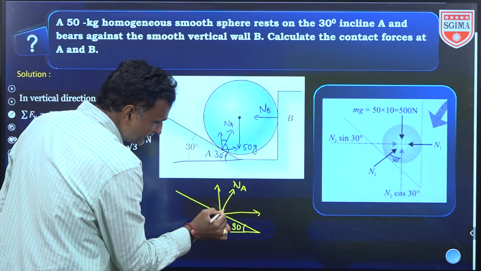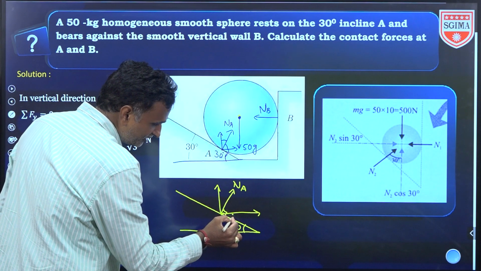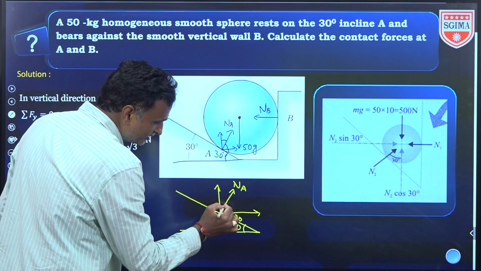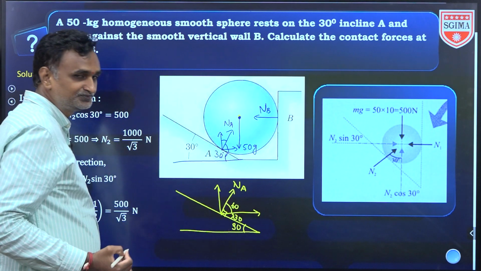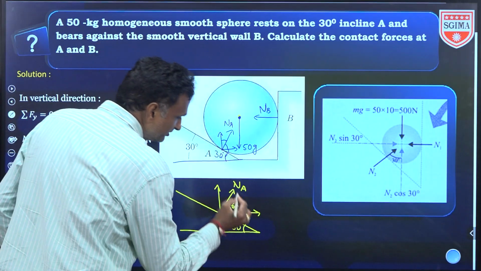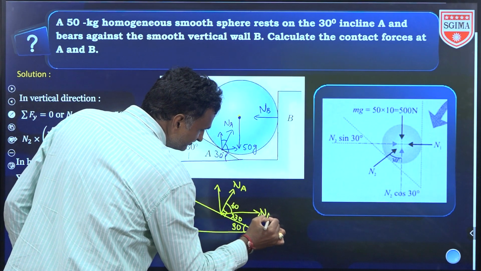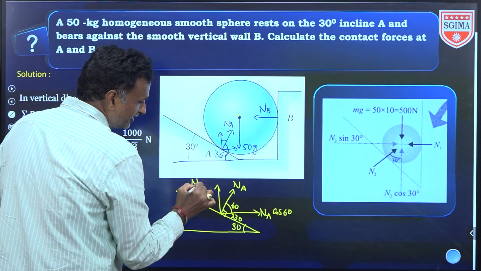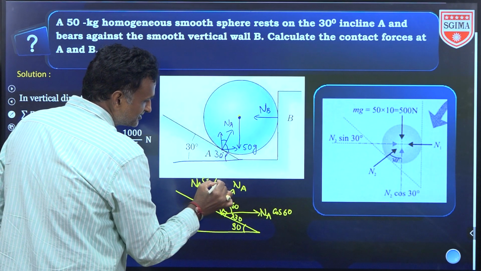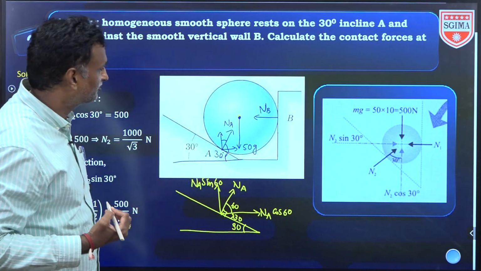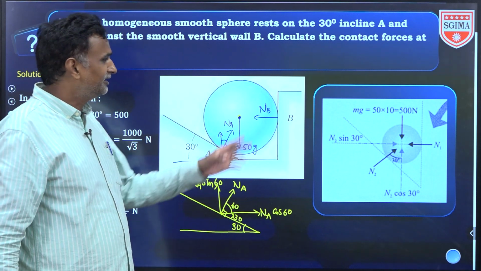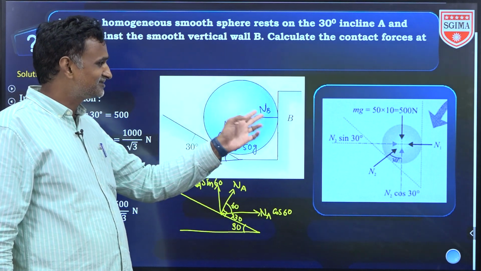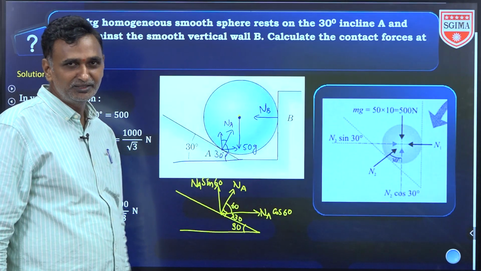So now this is 90 degrees. Whenever this becomes 30, this becomes 60, okay. So now NA cos 60 and here NA sin 60. So we got components, okay. And NB we have only along the x axis because its y component will be 0.